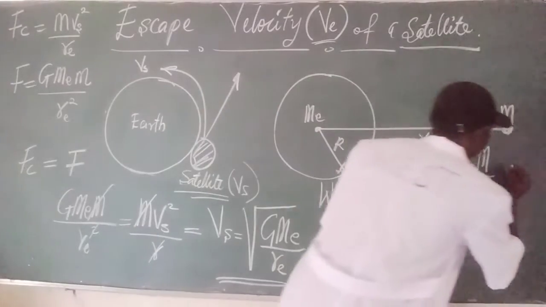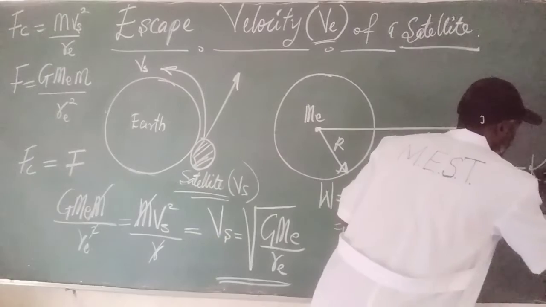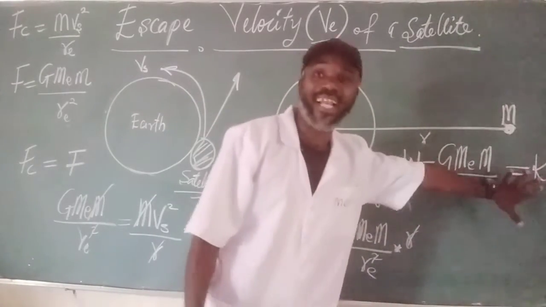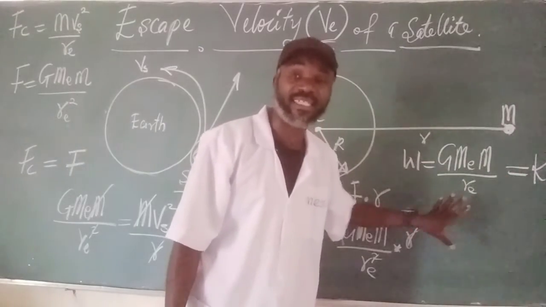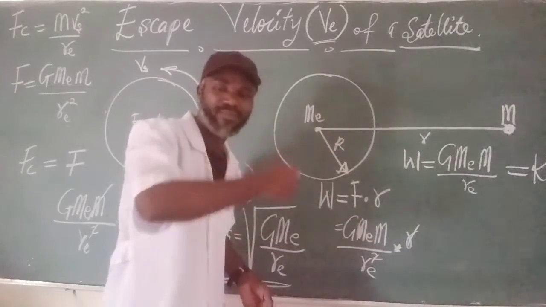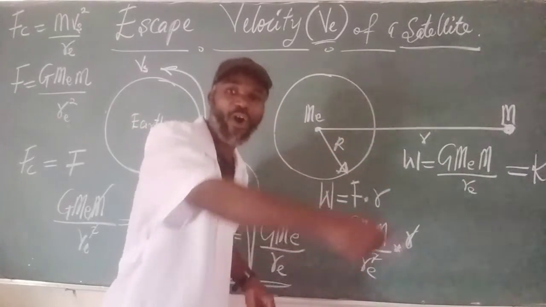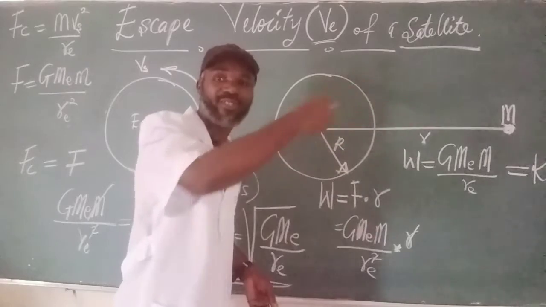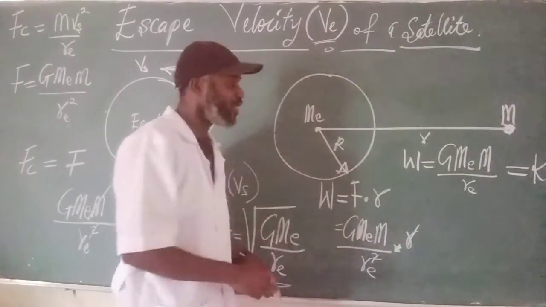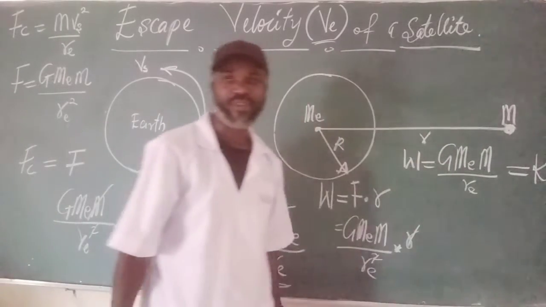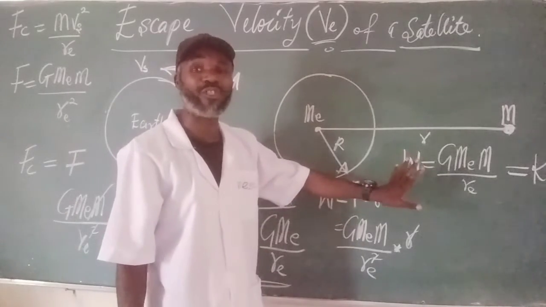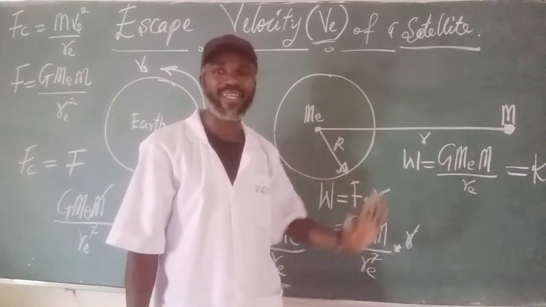So we equate immediately. W, the work done, is equal to the kinetic energy of the satellite, simply because the satellite is always in motion, and any object in motion, according to a simple concept in physics, possesses kinetic energy. So we must take note of that. Very, very important. If we have understood up to this point, then the rest is very simple.